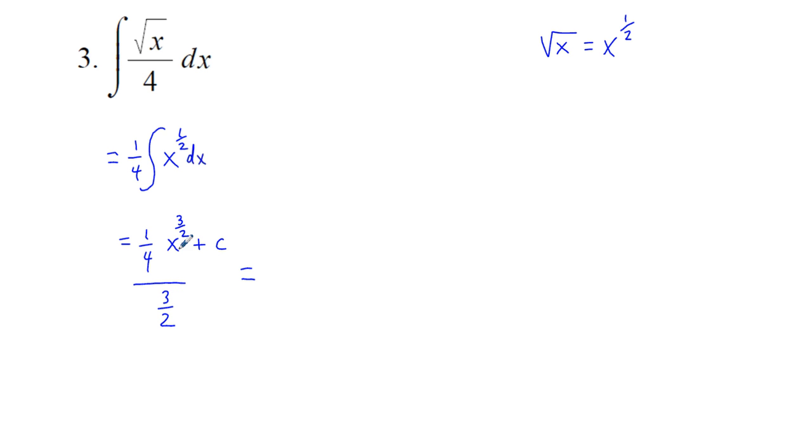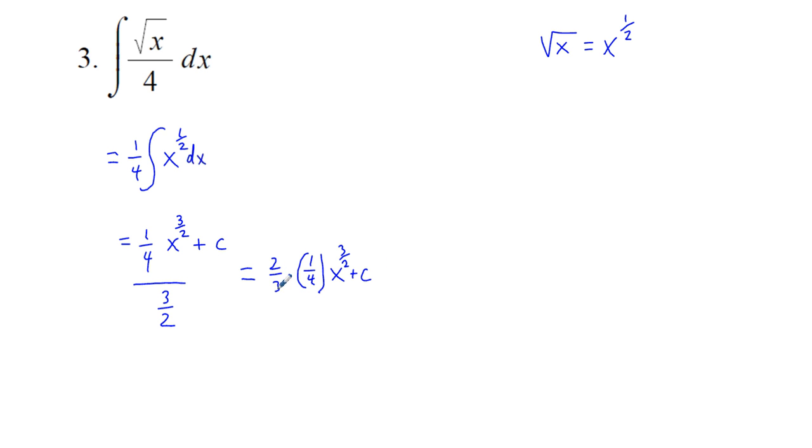And when we have these fractional powers, this is a technique that we're going to be using often in integrating. So here we multiply instead by 2/3, and then we multiply by our fraction we had out front, which is 1/4, and we have x to the 3/2 plus c.